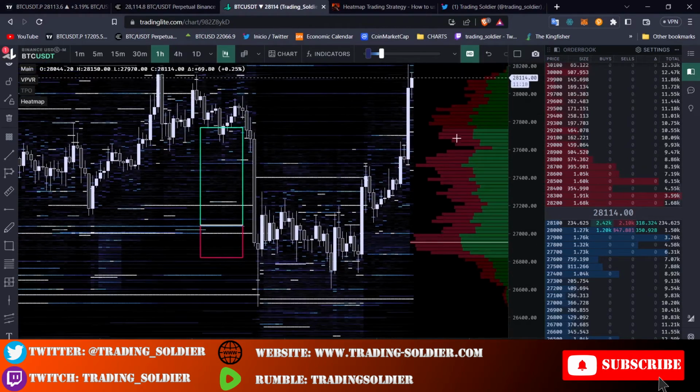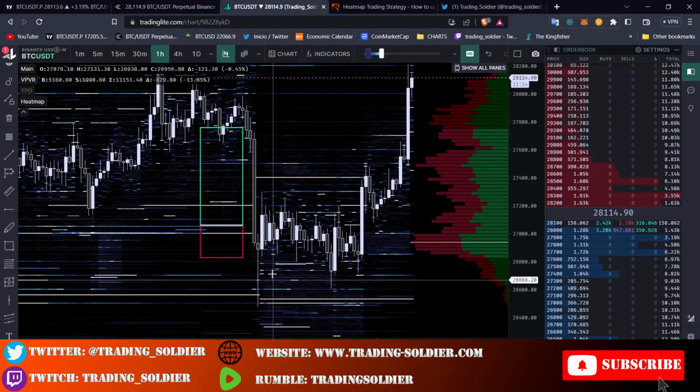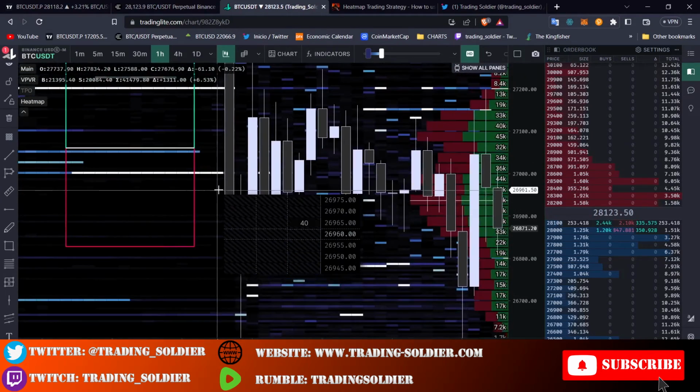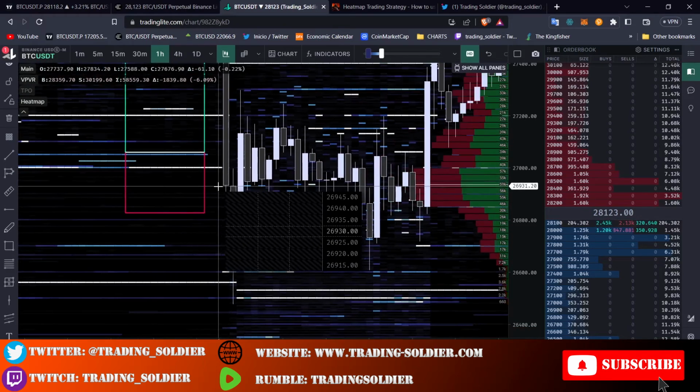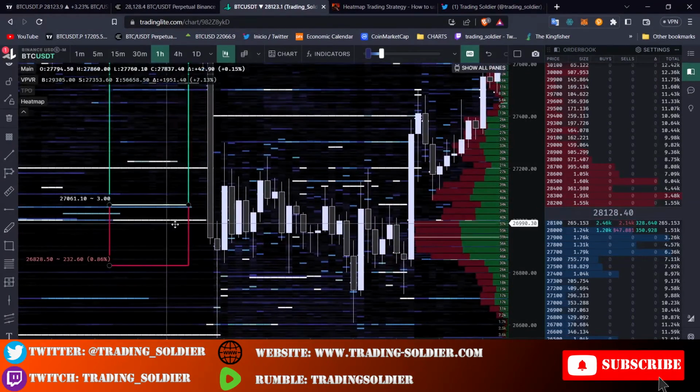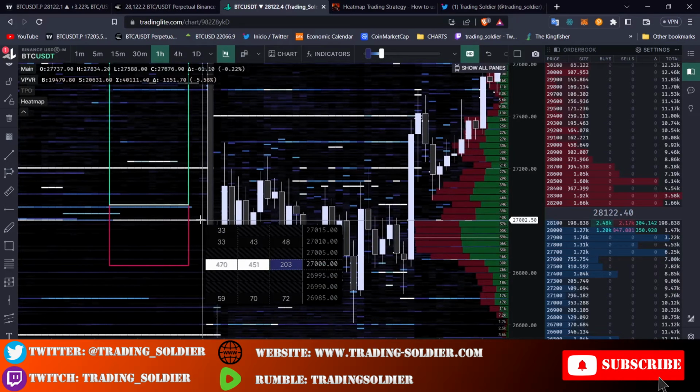That is what happened before, after the level was pierced. But here, as you can see, this order was removed. This is spoofing. They place a big order to make you think that there is a support or resistance level there waiting to get filled.